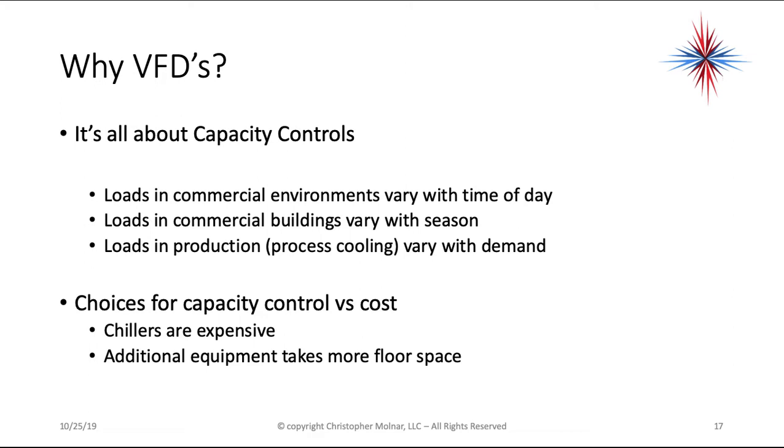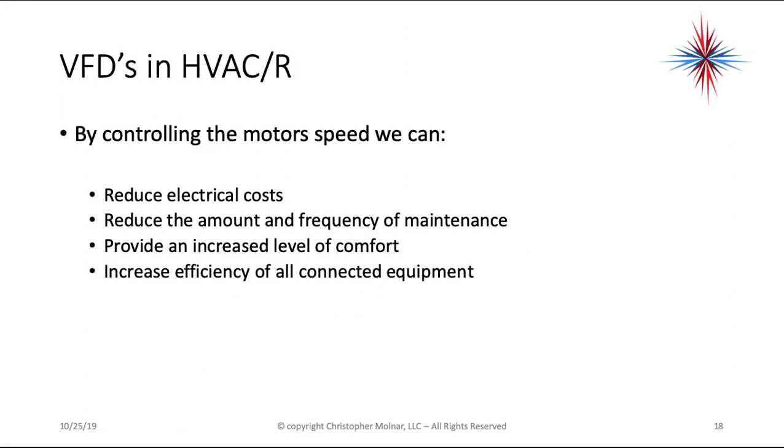Floor space is a very valuable part of commercial real estate. People pay a lot of money for the floor space. So the less equipment we have allows for reduced mechanical space and more rentable office space. Okay, chillers are expensive. So again, the less equipment we have to purchase, the lower the startup and installation costs.